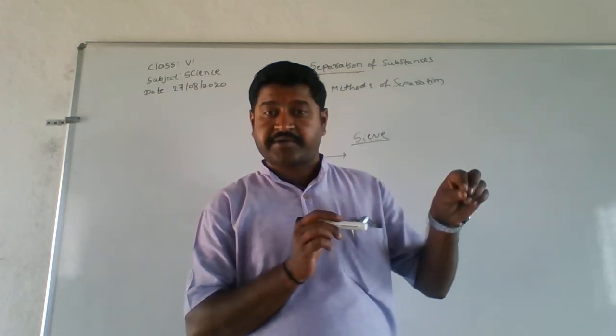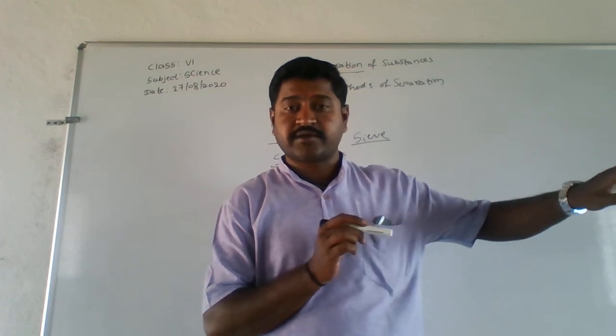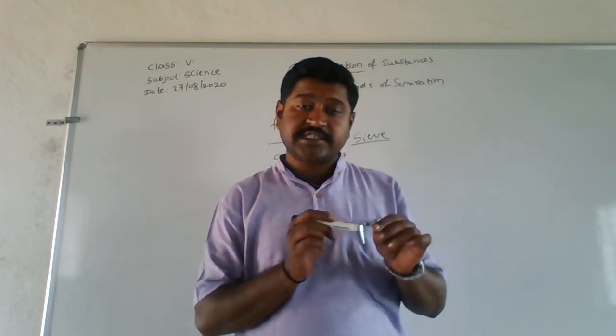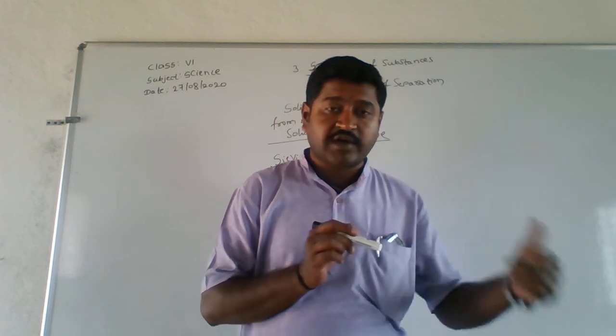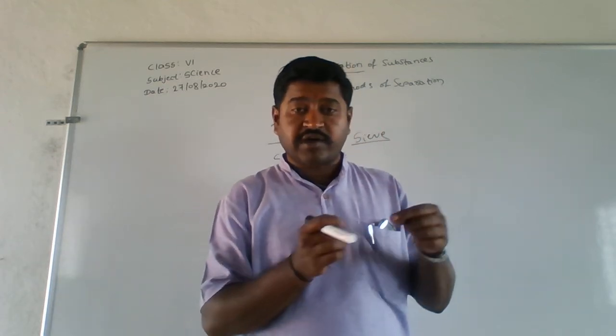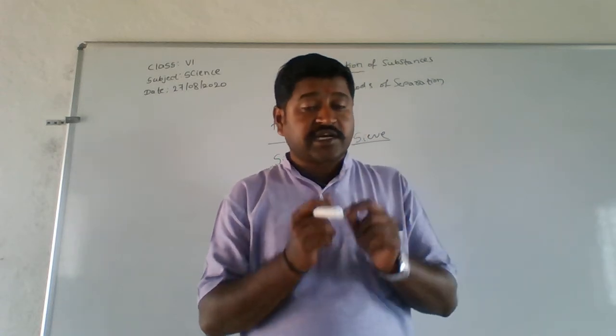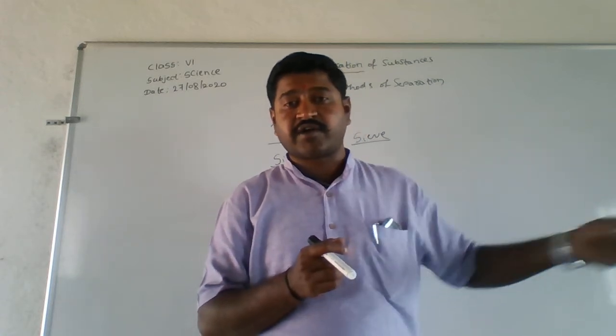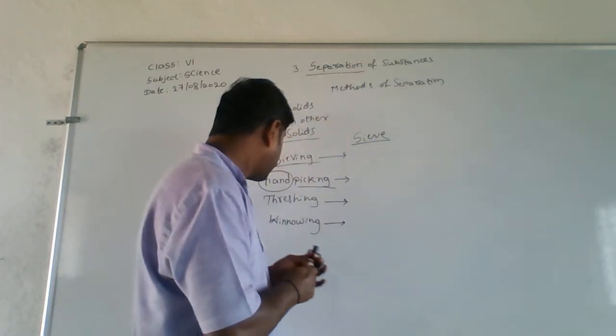Paper is lighter, that is why it is moving with the wind, whereas the card sheet is heavier, so it is falling nearer to us. So here, what is heavier will fall near to us and what is lighter will fall far away from us. So this is winnowing.